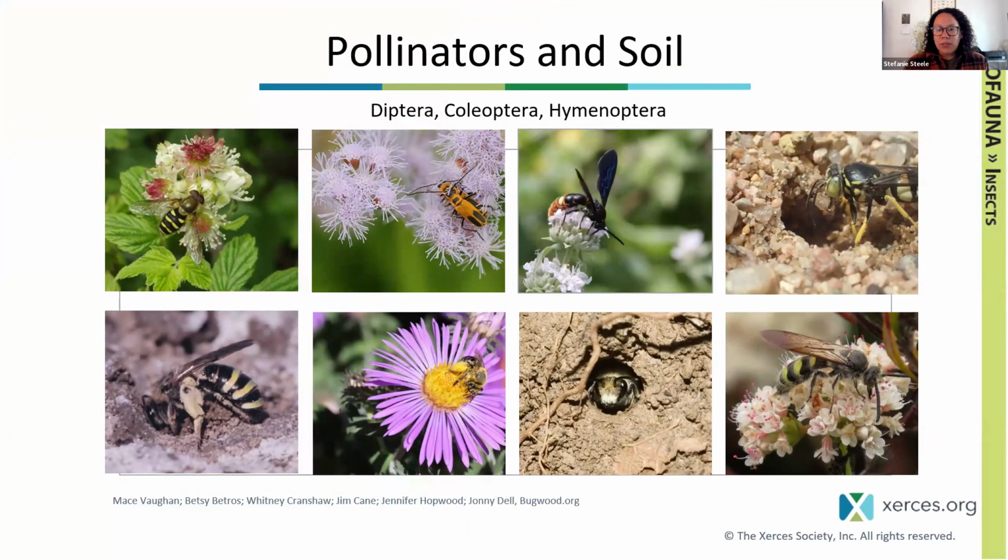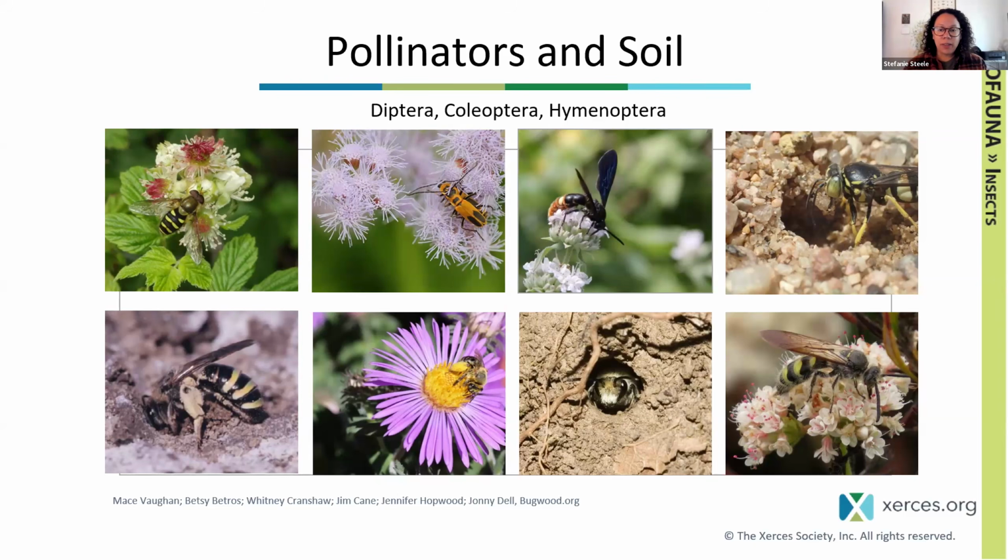Here are some of those groups that do interact with it in some part of their life cycle, including different flies, wasps or beetles, and bees, ground nesting bees. They make up the majority of our bees, including about 70 to 80% of bee species found in North America. Some wasps also build nests in the soil.